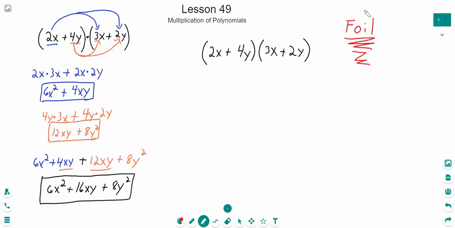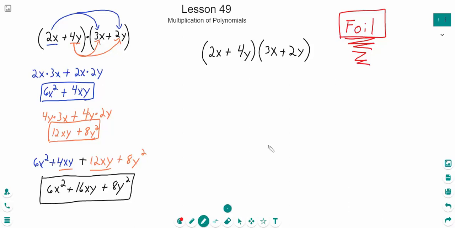All right. So very, very important word right there. The steps that we're going to do to solve this multiplication problem are going to be based on FOIL. Okay? So don't forget this word. In particular, don't forget how to spell this word. That's, I guess, what's very important.